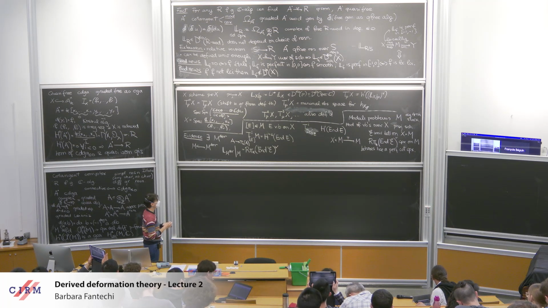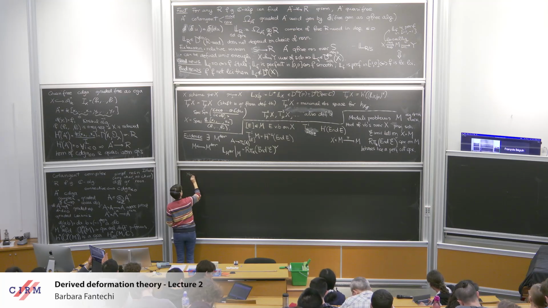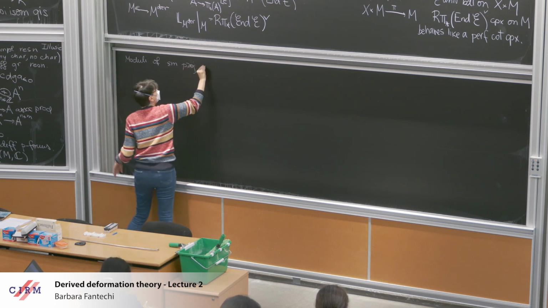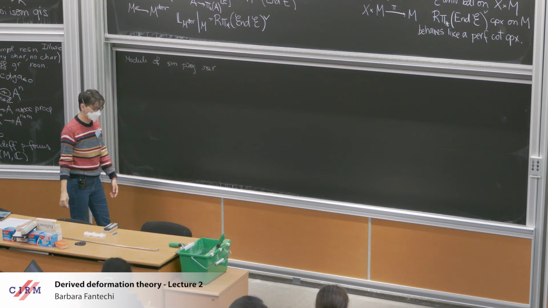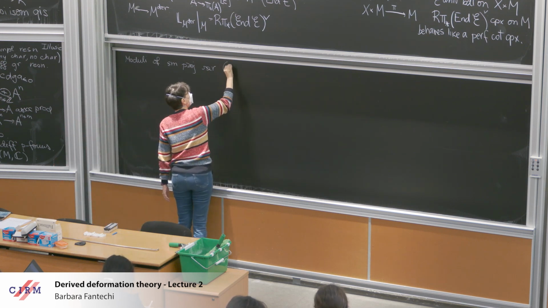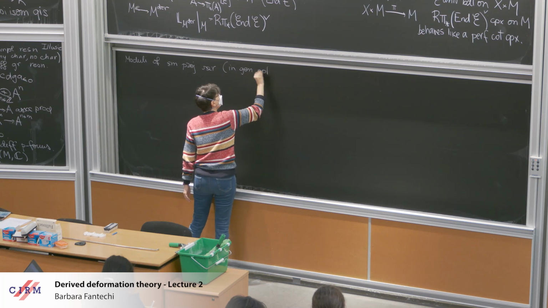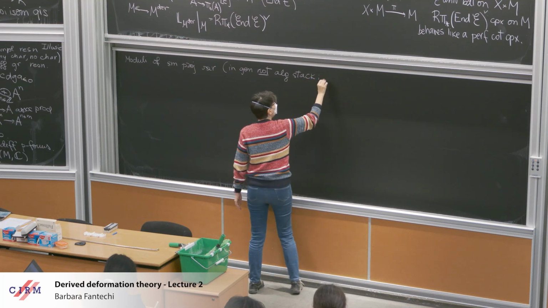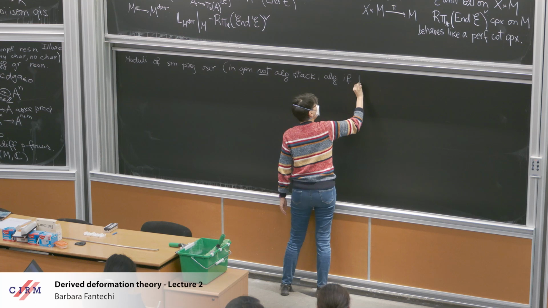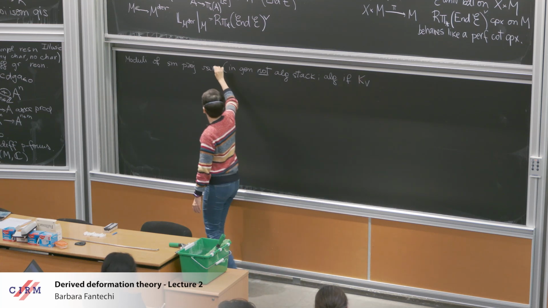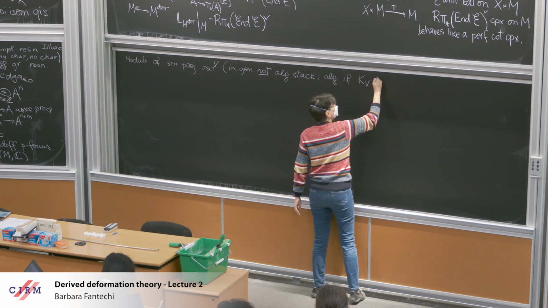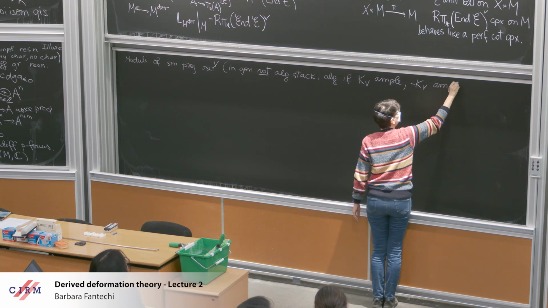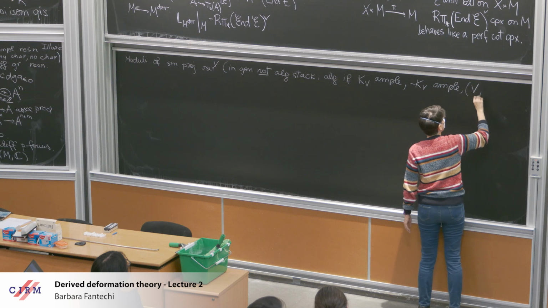So similarly for moduli of, say, smooth projective varieties, this is of course a very technical question, because notice that this is in general not an algebraic stack, but you can get it algebraic, for instance, if K_V is ample, or minus K_V is ample, or you work with polarized varieties.